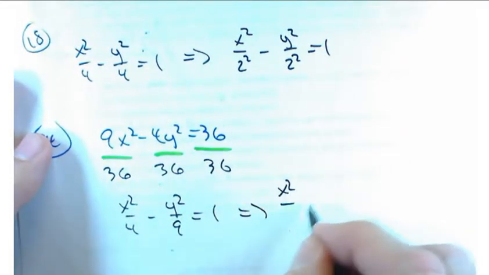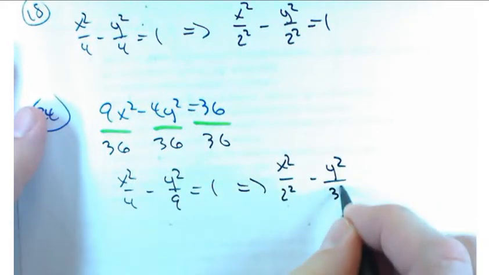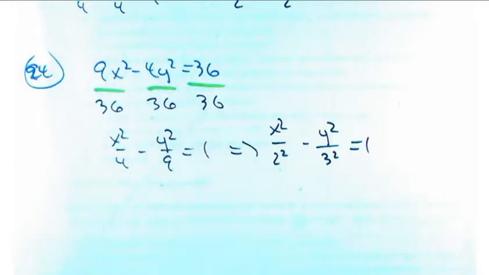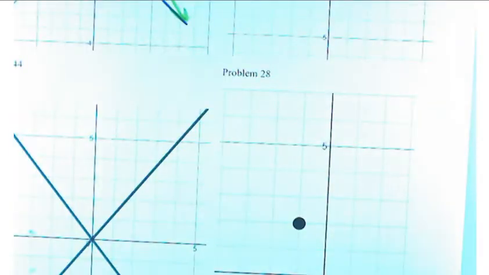Some help, maybe? So we'll write it as 2 squared and 3 squared. And what that does for us is it helps us decide where we're going to draw the box that's going to become part of our vertex, or it's going to help us draw the asymptotes.